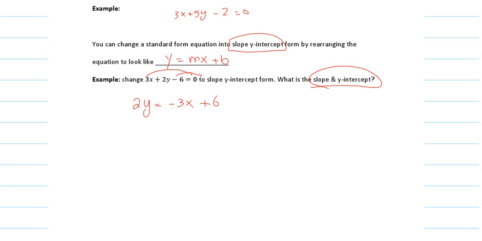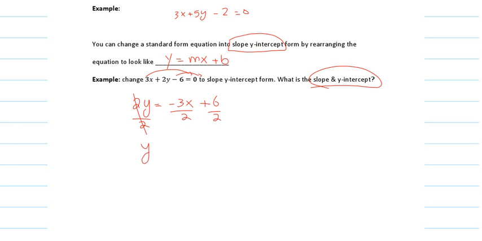So if I want to get rid of that times, what's the opposite of multiplication? Division. So I have to divide by 2, and if I divide by 2, I have to divide both sides by 2. So you see I divided each term by 2. Look what happens. What's 2 divided by 2? They cancel. It's 1. So I have y left.